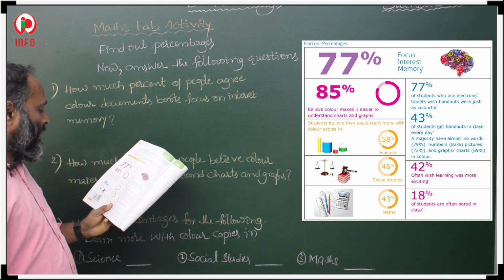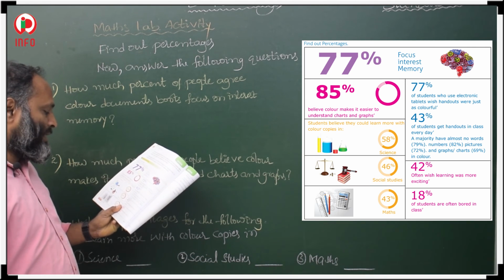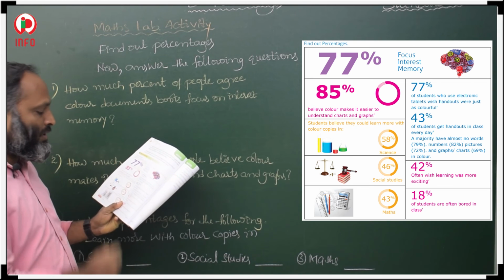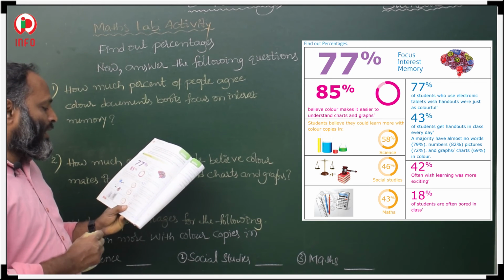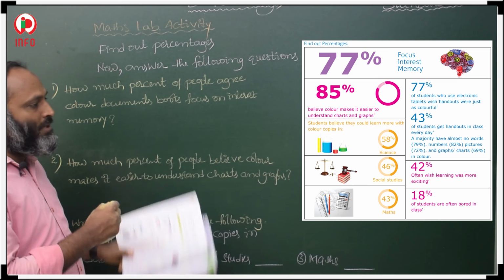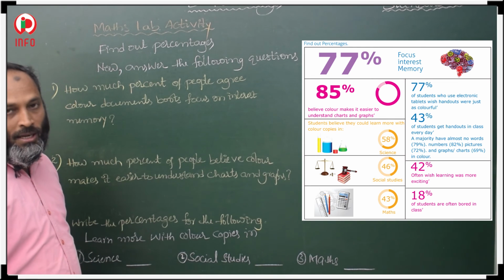Then after that, 58% of science, 46% of social studies and 43% of maths students believe that they learn more with color copies.